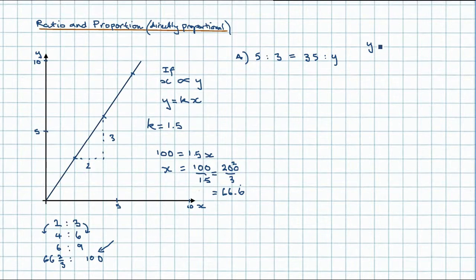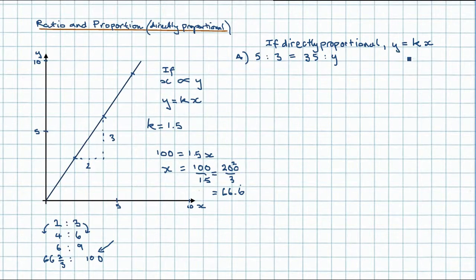We've got y, if they're directly proportional, let's just work this out, gives us enough room. So if directly proportional, or I could have just written if x is directly proportional to y, but if directly proportional, then y must equal some constant k times x.